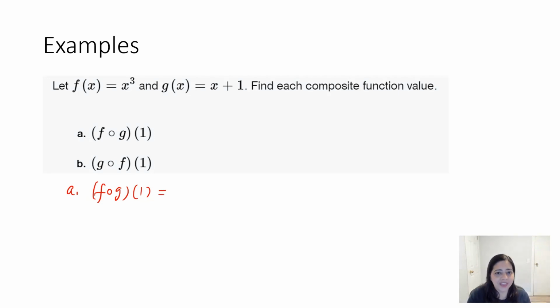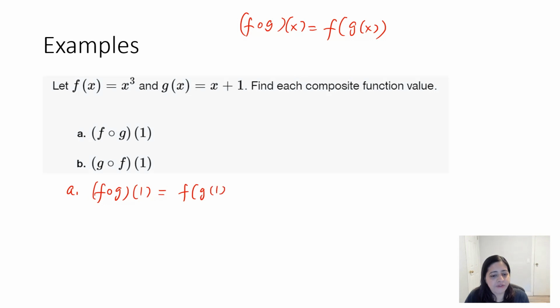If you go by the definition of f o g (x), it is f of g(x). That first you use g and then you use f. So it is f of g(1). Now I need to have g(1). So in the definition of g(x), you replace x with 1. That's how you do function evaluation.